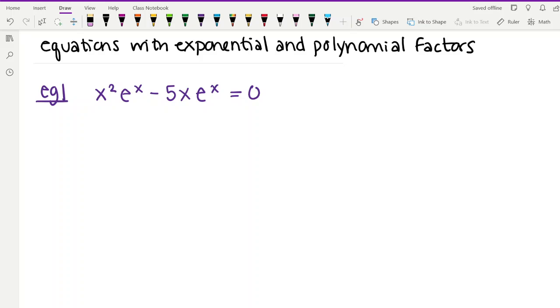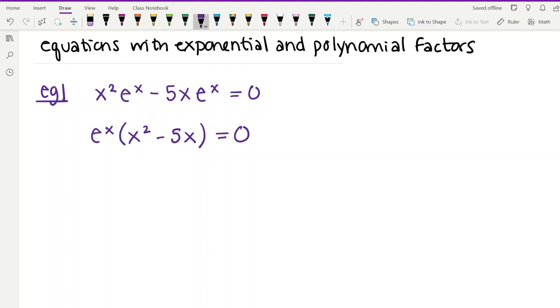Okay, so what can we factor out from this? Let's start by seeing what is a common factor that both of these terms have. Well, they both have an e to the x in them, right? So let's start by factoring out an e to the x. So what are we left with when we factor out e to the x? Well, we have x squared minus 5x.